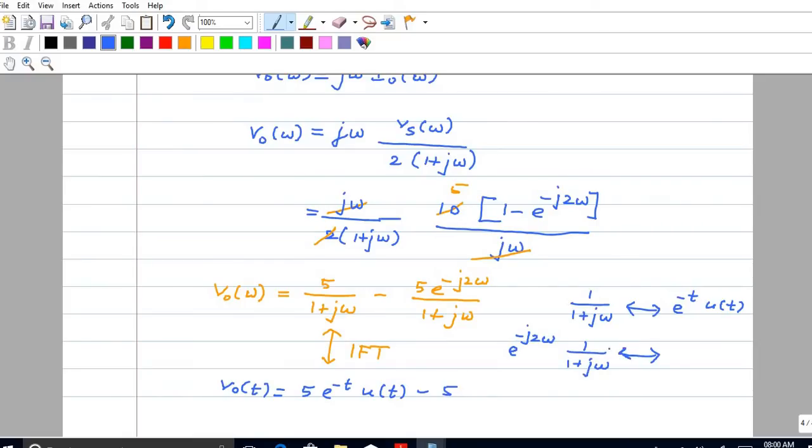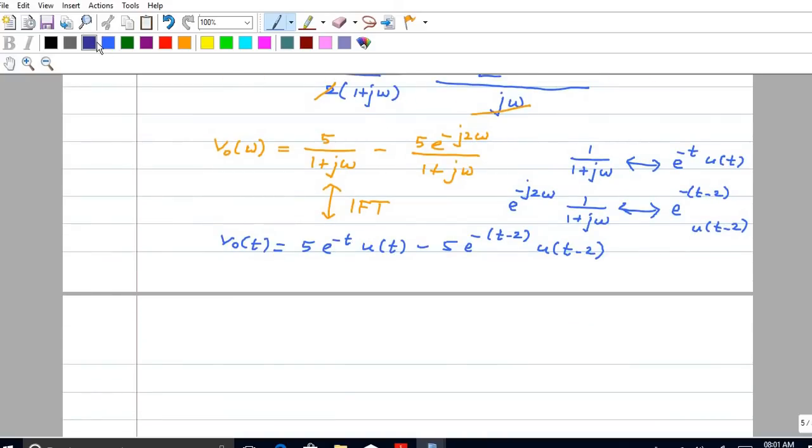If there is a phase in the frequency domain, there is a delay in the time domain. So the t value is shifted by 2. Substituting here, 5 e power minus t minus 2 into u of t minus 2.